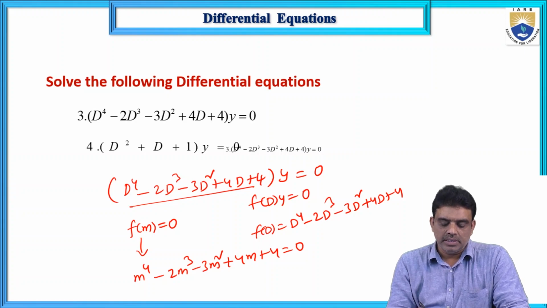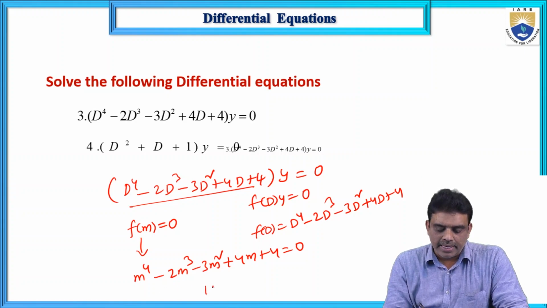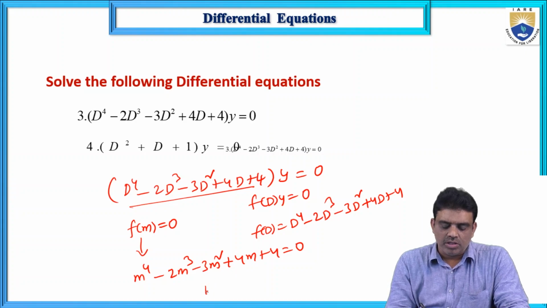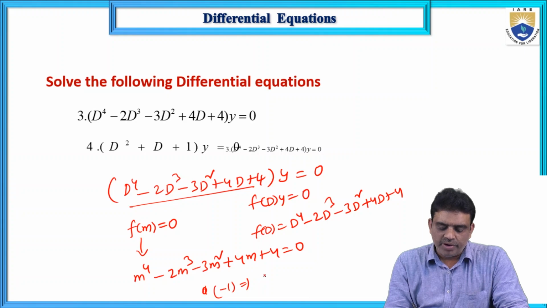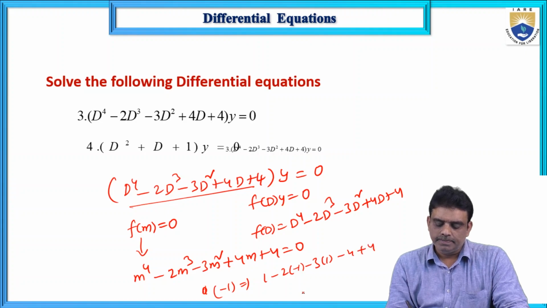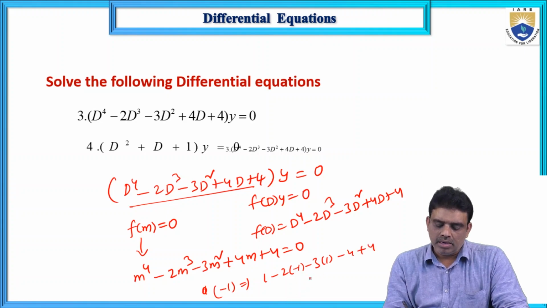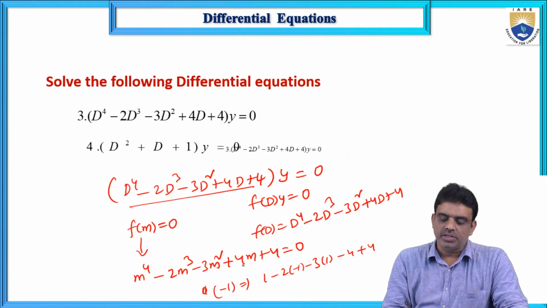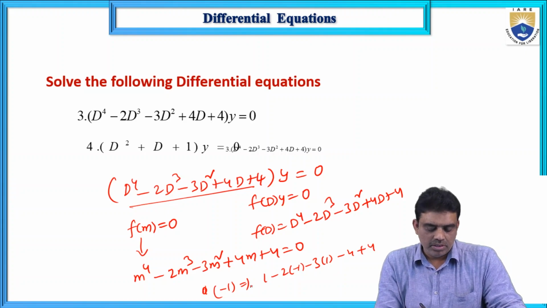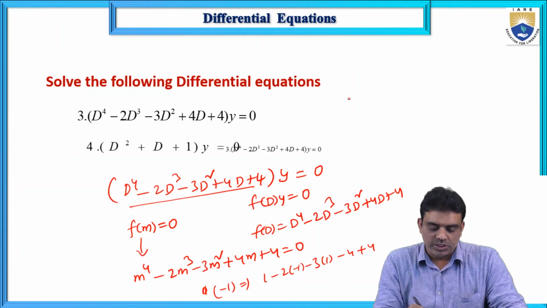So m is 1. If I put 1, it is not a root of the equation. If we put minus 1, what will we get? 1 minus 2 into minus 1 minus 3 into 1 minus 4 plus 4. So minus 1 is a root of the equation. Clearly, check it: put m is equal to minus 1.